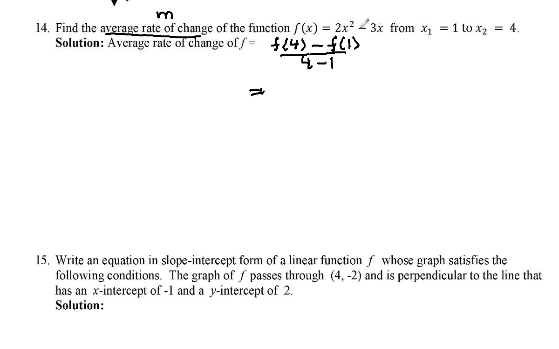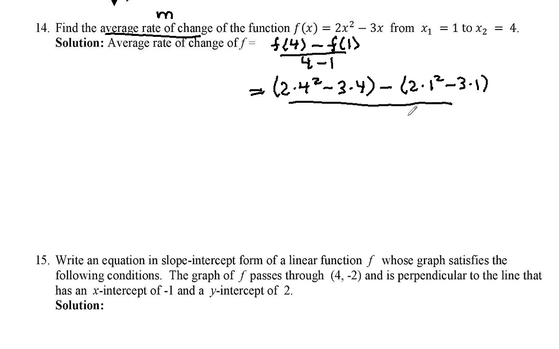So if we plug the 4 in here, 2 times 4 squared minus 3 times 4, and then minus, plug in 1 here and here, 2 times 1 squared minus 3 times 1. And then we are dividing by 4 minus 1, which is 3.